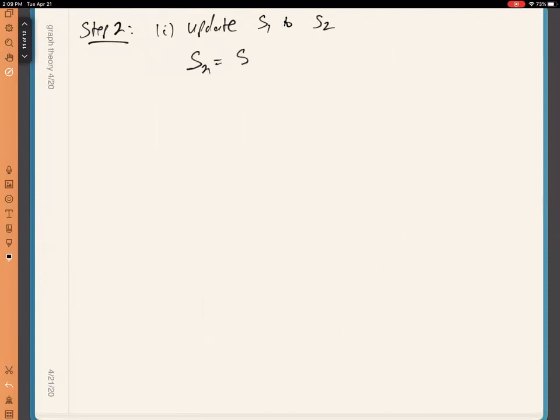Well, I'm going to take S1 and join a particular vertex U. And U is going to be the vertex with L1 of U smallest from the previous step. In particular, it's not going to be infinite unless the graph only has one vertex. Among those with finite label, you pick the one with the smallest. If there are two vertices which have the same smallest label, you just pick one arbitrarily.